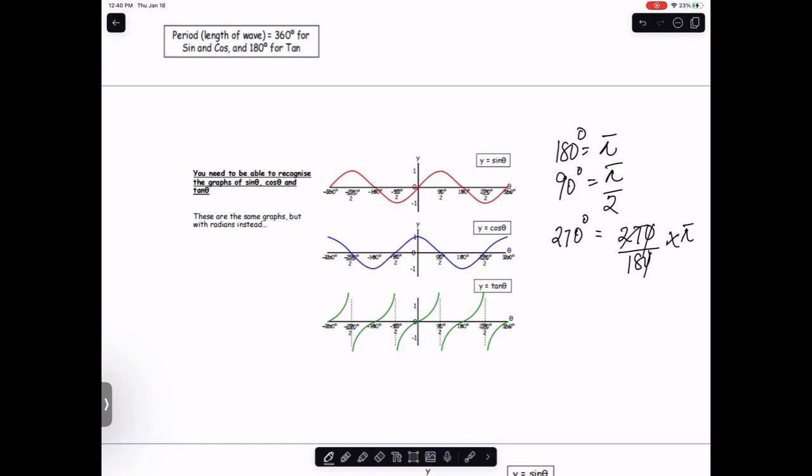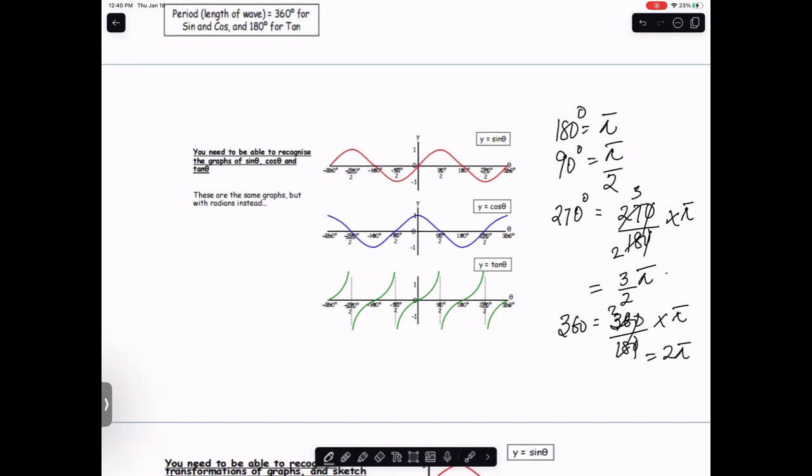So this gives us what? 9 over 6, which gives 3 over 2. So for 270, it becomes 3 over 2 pi. Is that okay? Then for 360, same thing, we have 360 divided by 180 multiplied by pi, which gives what? 2 pi. So you can do this for any angle of your choice.